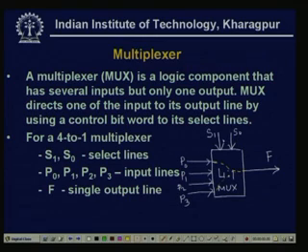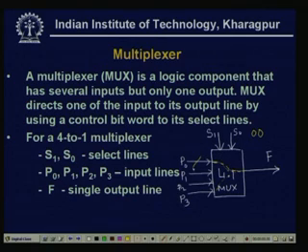See, if we take S1 S0 equal to 0 0, then we are selecting the P0 line, where P0, P1, P2, P3 are the input lines. Then P0 is directed to the output.